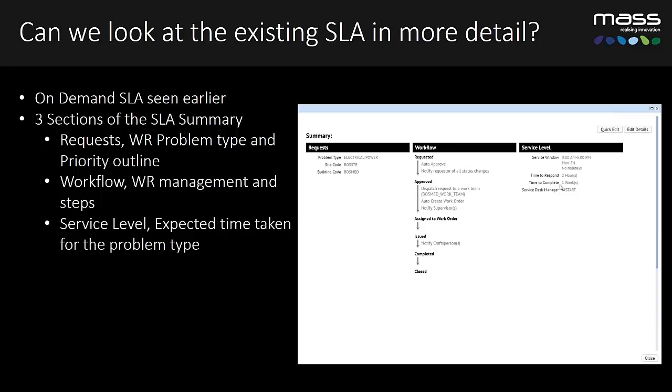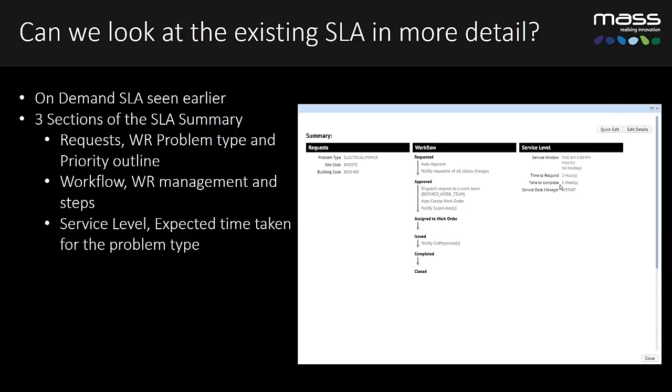And then the craftsperson will work on it, and they will complete, and upon completion and closing there are no more further emails other than, of course, the email to the requester at all status changes, letting them know.